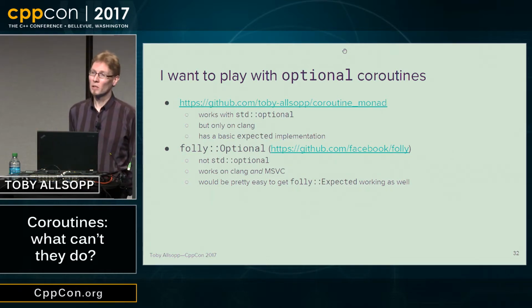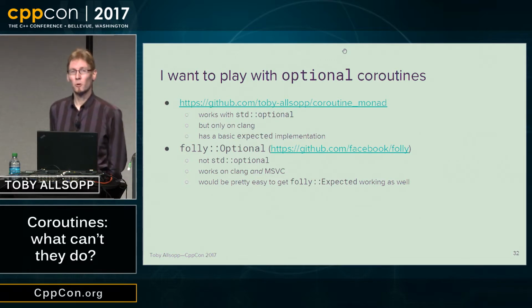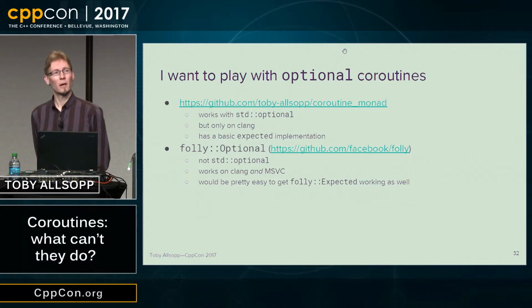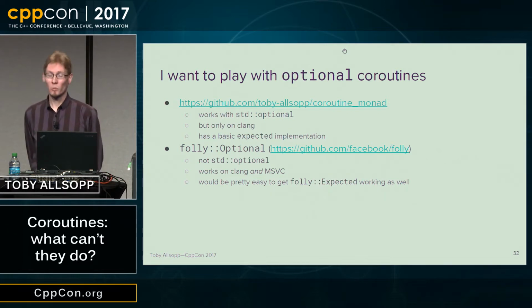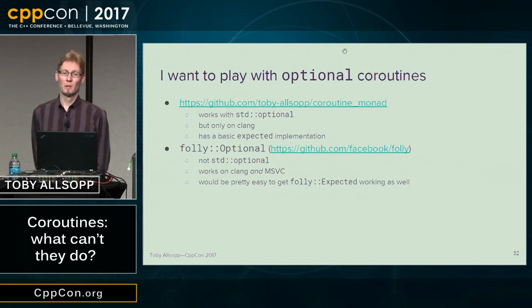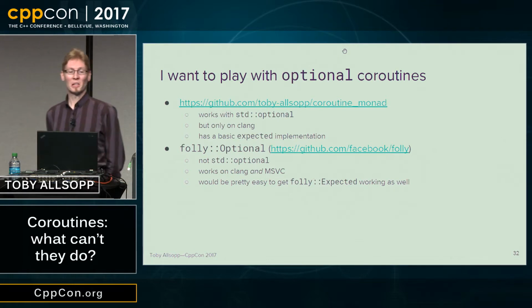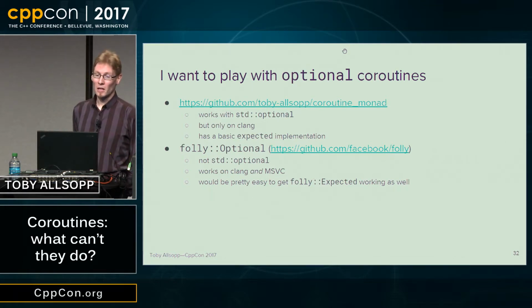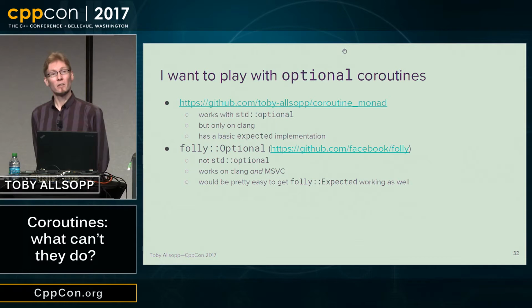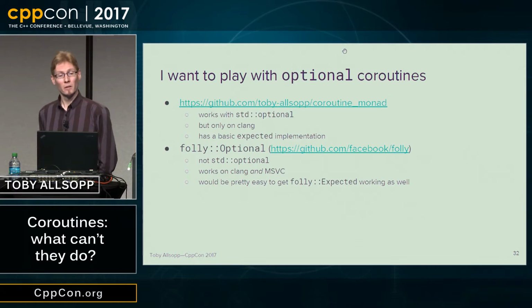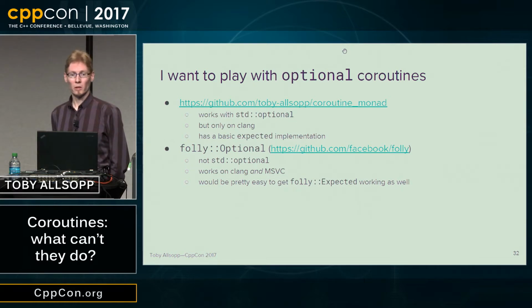Just recently, the folly optional type from Facebook has grown support for coroutines, so that's not standard optional, but it's still pretty good optional. It's a good option, you could say. And the magic there is that it works on Clang and MSVC, which is pretty clever.